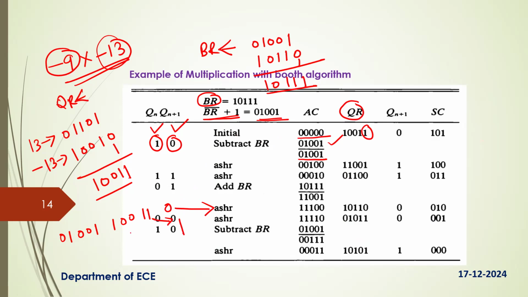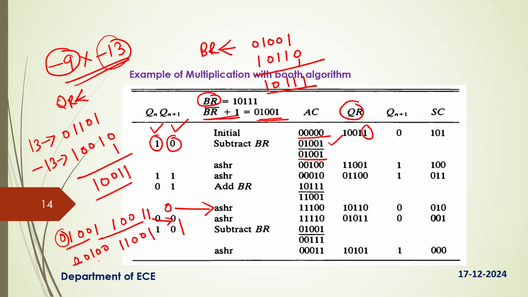This 1 will appear here. The next 5 bits, 1, 1, 0, 0, 1, will appear here, and the next 4 bits will appear here, and the vacant position is the MSB. This MSB is filled with the sign bit. Now what is the sign bit? The previous MSB is 0.